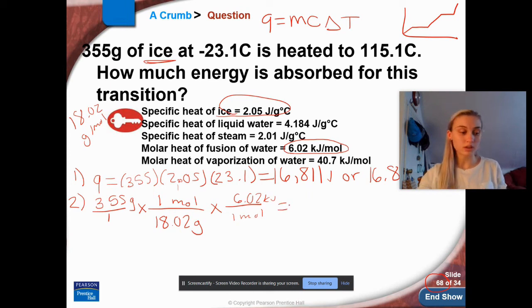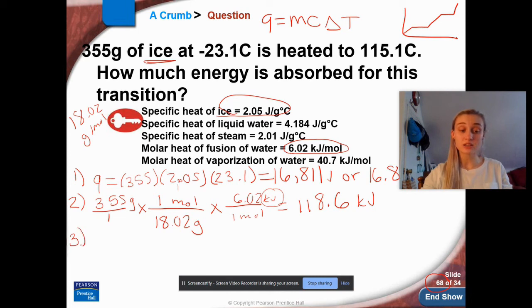If we calculate that, we get 118.6 kilojoules. This is already in kilojoules because we have kilojoules here. And then on to step 3.